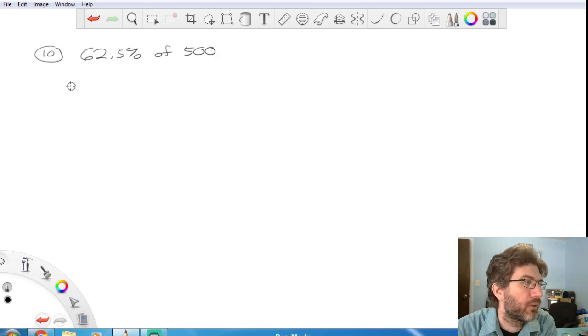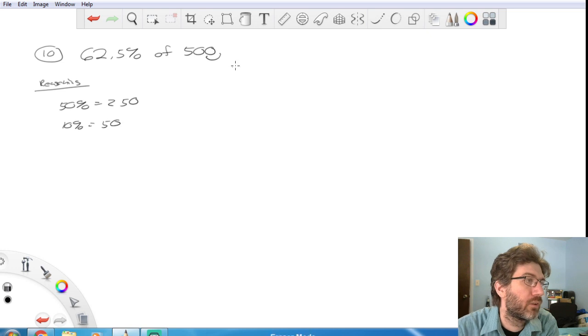We'll call it reasoning. Okay, so we know that 50% is going to be half, so 50% of 500 is going to be 250. You know that for 10%, you move your decimal point one place, so that would be 50. For 1%, you move your decimal point two places, so that would be 5.